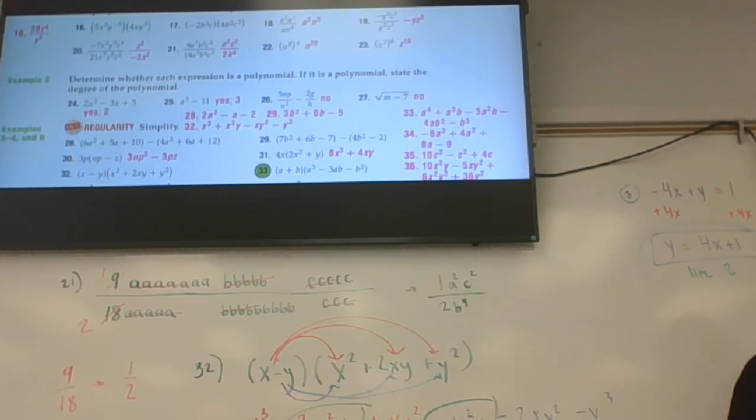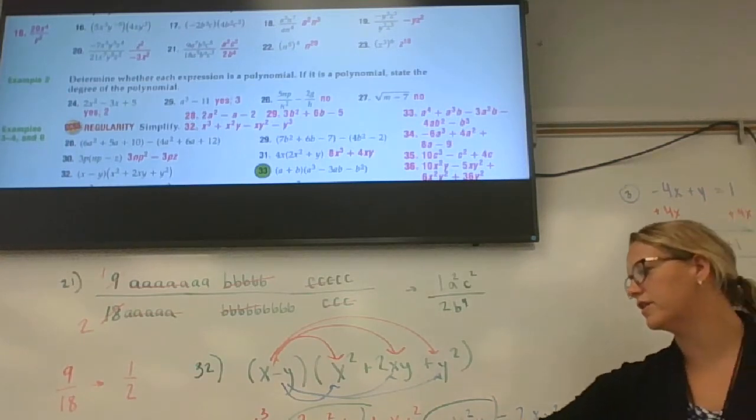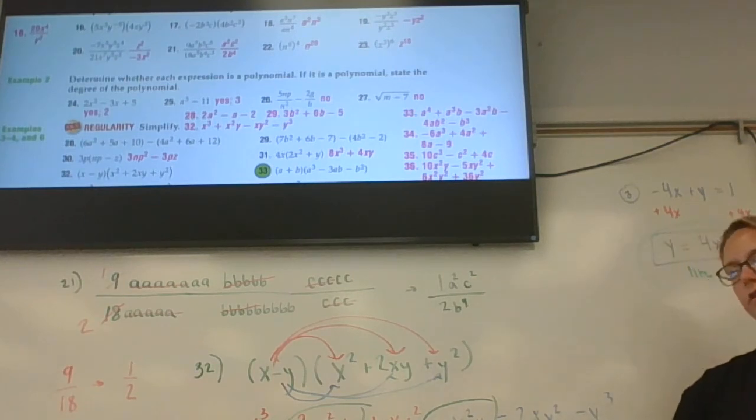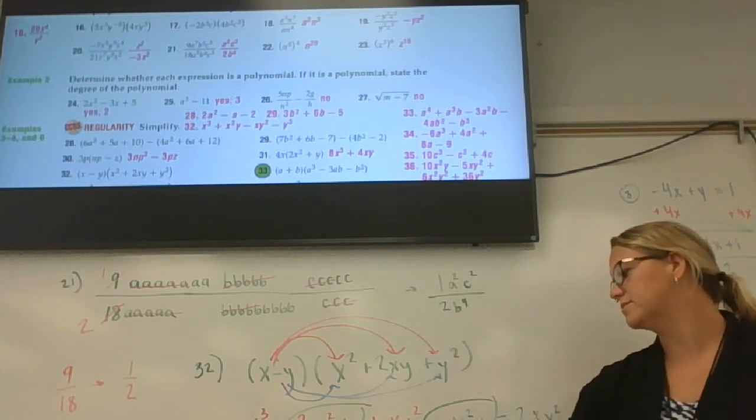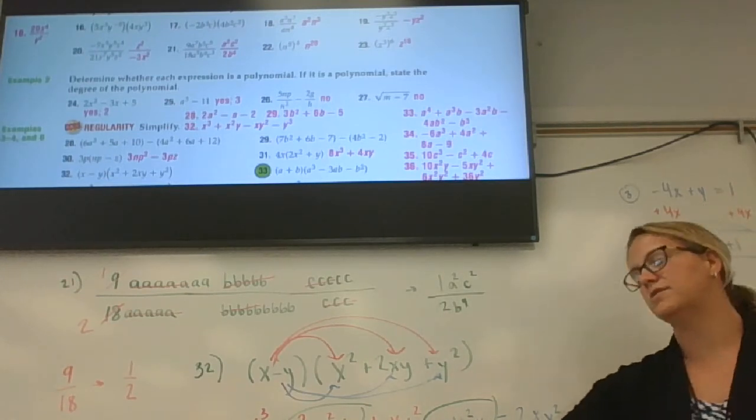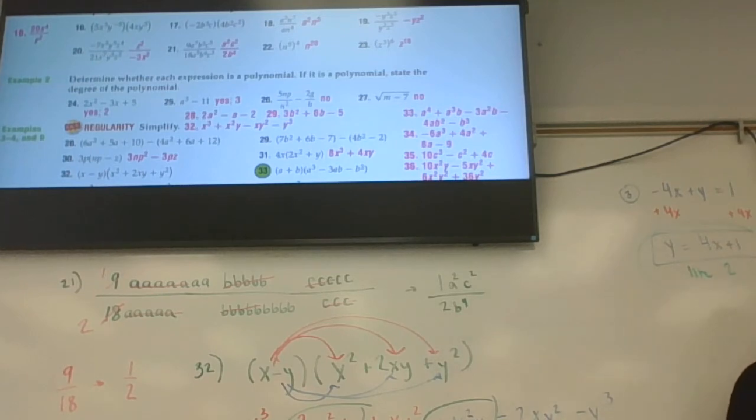Oh, you tried putting it in order. Yeah. Technically, these all have a degree 3. Degree 3, degree 3, degree 3, degree 3. So the reason they're ordered like this is because the x comes first in the alphabet. So that's where the order comes from.